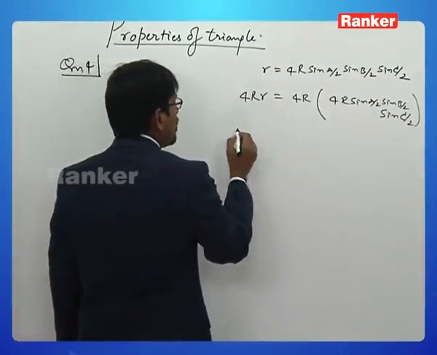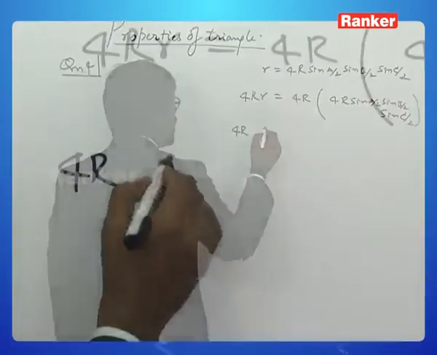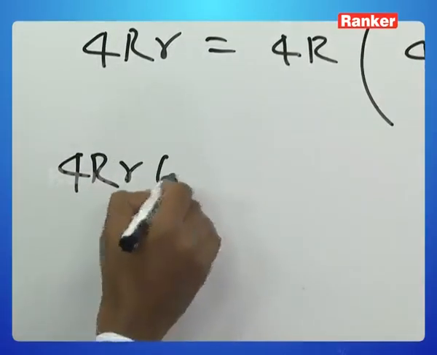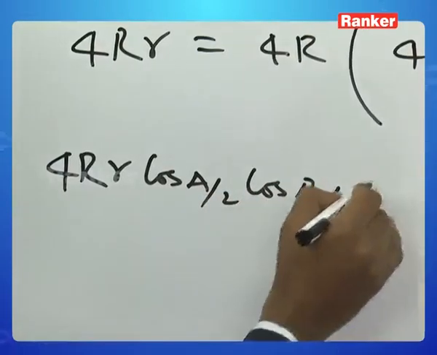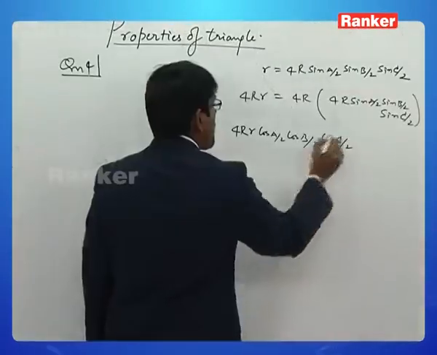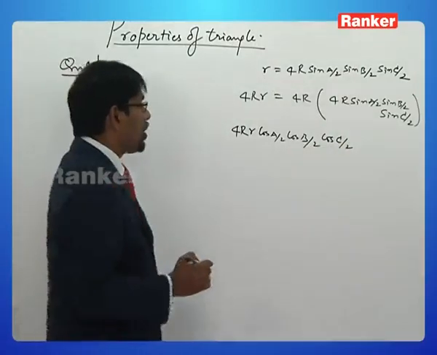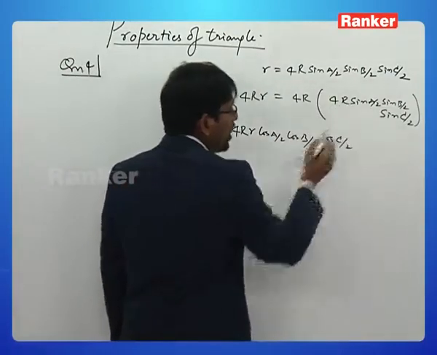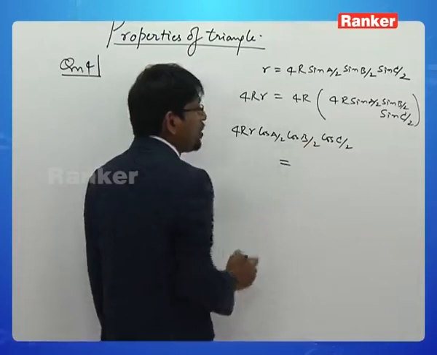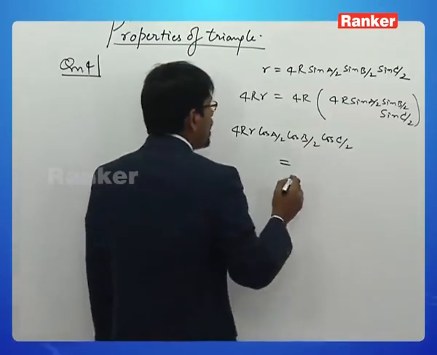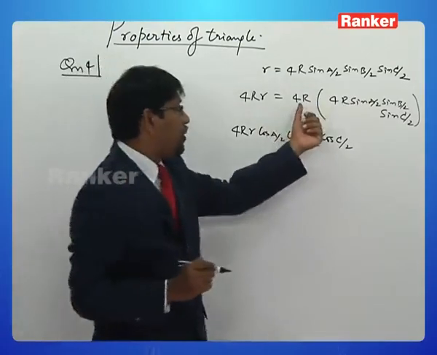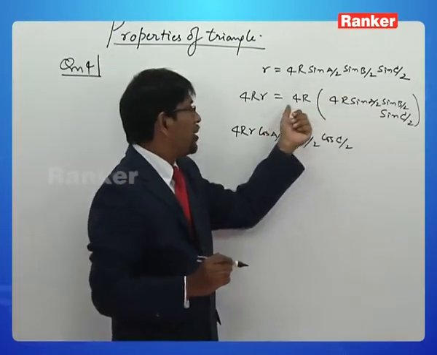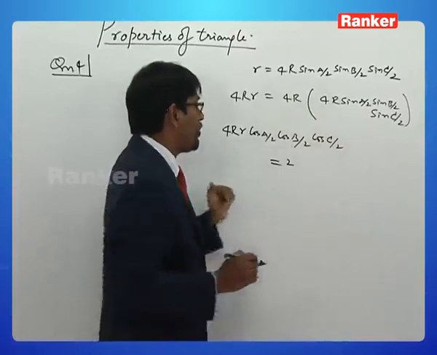Now, 4R into small r into cos A by 2 cos B by 2 cos C by 2 is what we require. What will that come out to be? You'll have to multiply by cos A by 2 cos B by 2 cos C by 2. So what we'll do is pull out that R from here. 4 into 4 is 16.